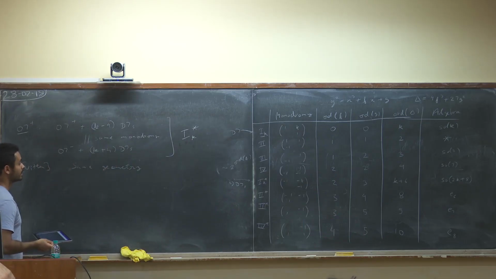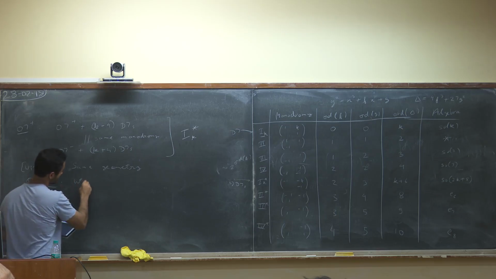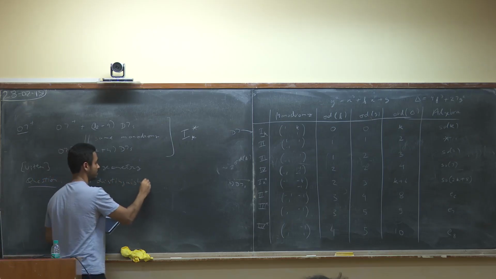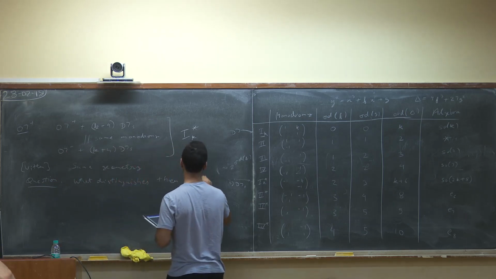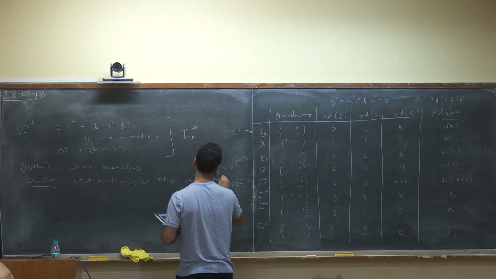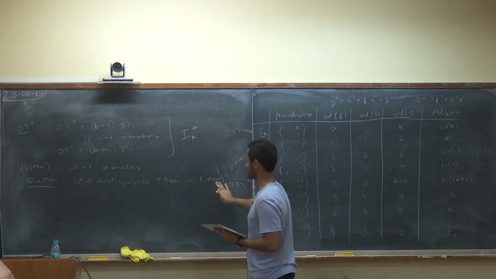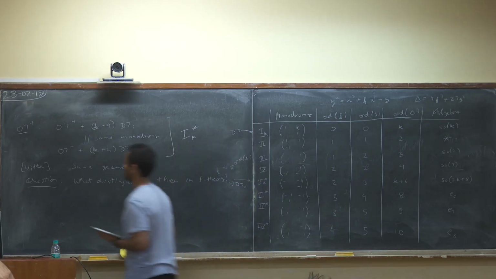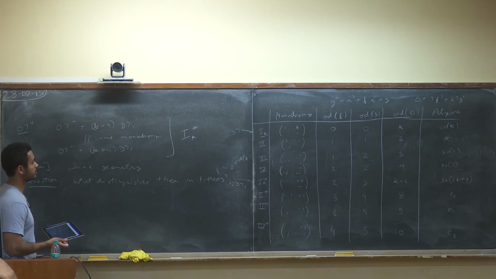So the question is, what distinguishes them in F theory? And this is still not known. Algebra, you also say is the same, so it will give the same for both.